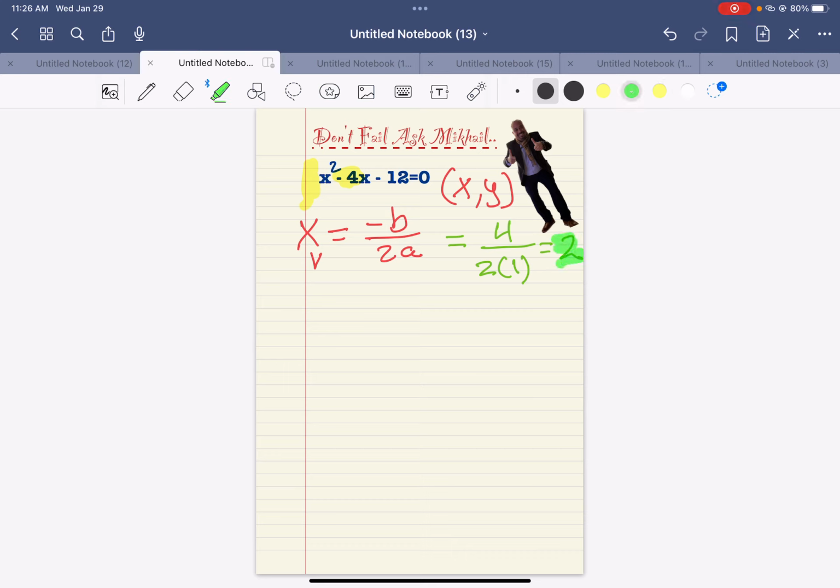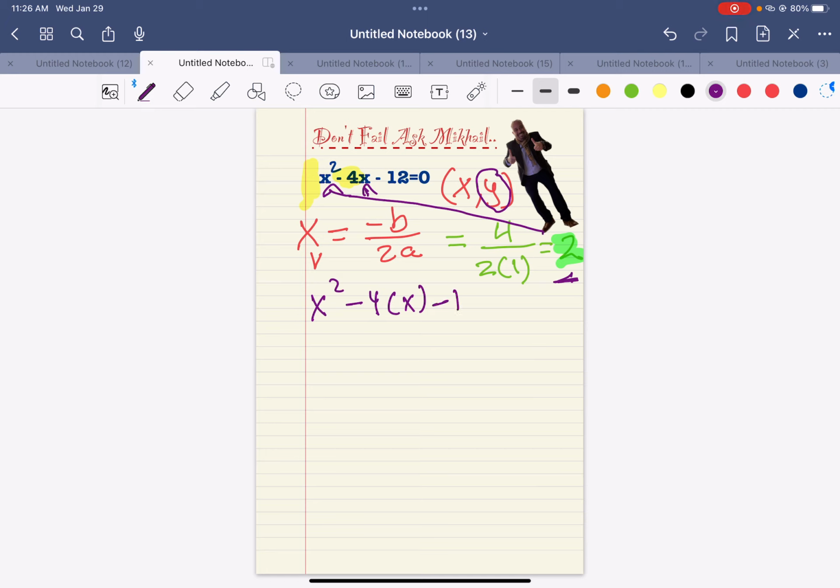The x value is 2. Now how about the y value? How can I get this y value? If I have the x, I can plug it back into the equation. So I get x squared minus 4 times x, which is positive 2. So 2 squared minus 4 times 2 minus 12.